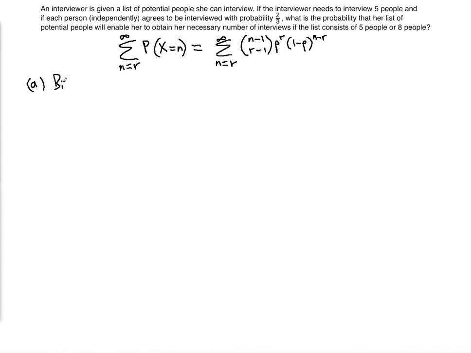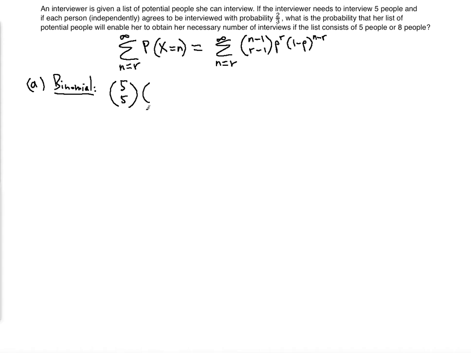If you just use a binomial, all you need to do is choose 5 out of 5 cases, because you have 5 people and you need 5 people that will agree. So you have 5 people on the list, that's the top number, and 5 people is your desired number of people that will agree to be interviewed.